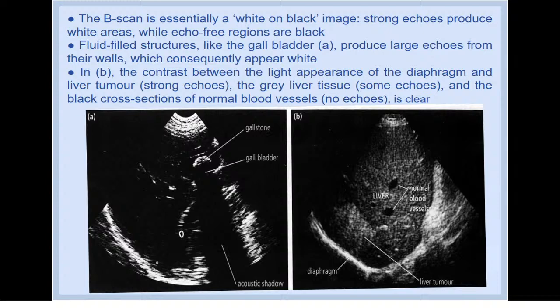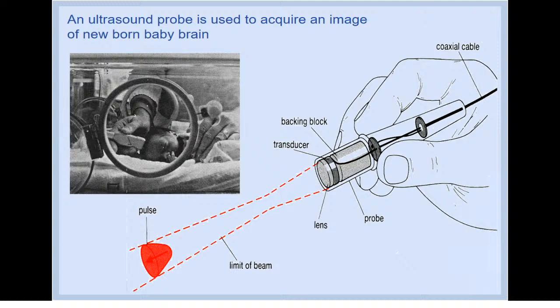However, its advantage of only requiring a small entry window or footprint makes it still suitable for particular applications, like imaging the infant brain through the fontanelle, as I show you here, for example. The space between component bones of the skull is very small, but nevertheless the ultrasound probe is good enough and used to acquire an image of a newborn baby's brain.